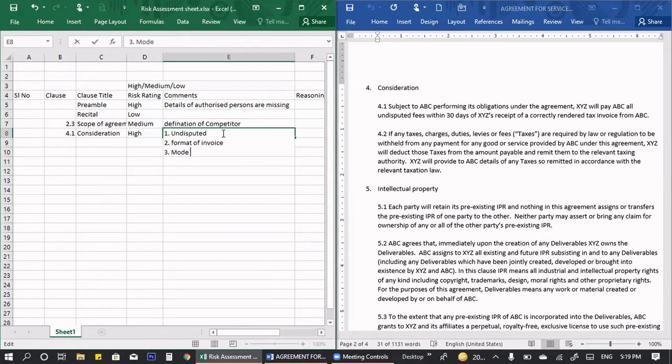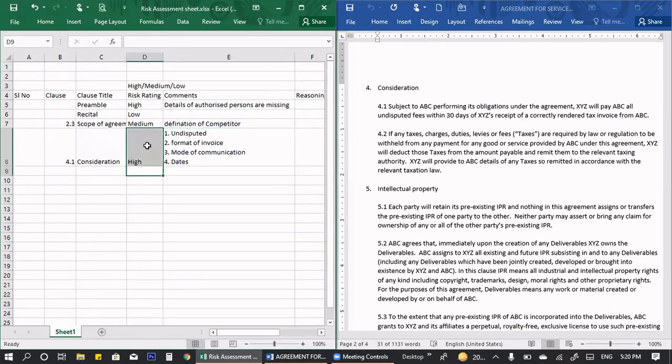And then mode of communication, like where the invoice has to be sent and who is the authorized person to receive the invoice. These details have to be put up. And fourth, dates. Do they have any dates, like within this date the invoice has to be submitted, or what tenure do they have to clear a bill, etc. So these dates are missing. I would like to put all these in the comment sections.